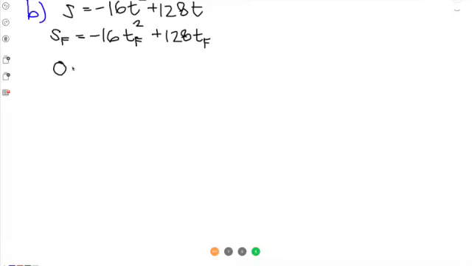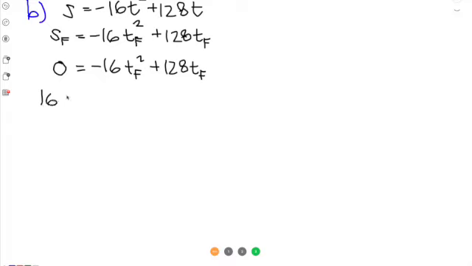So we have 0 is equal to negative 16 tf squared plus 128. So since tf, the only variable left, is t, we can solve this equation. So I will transpose this to the left side.